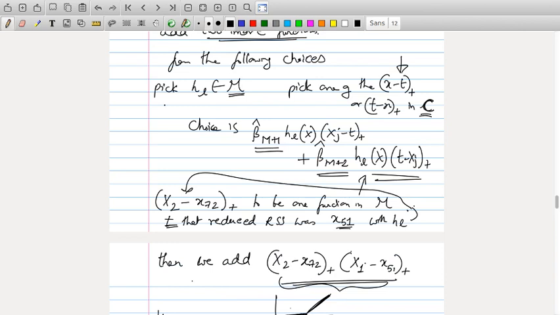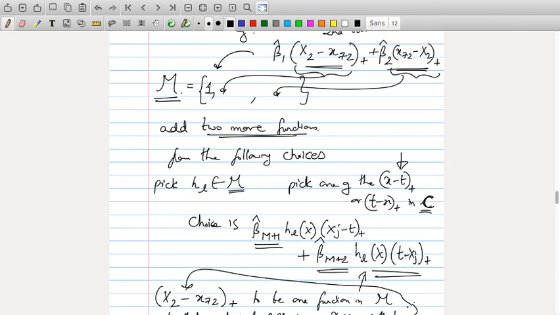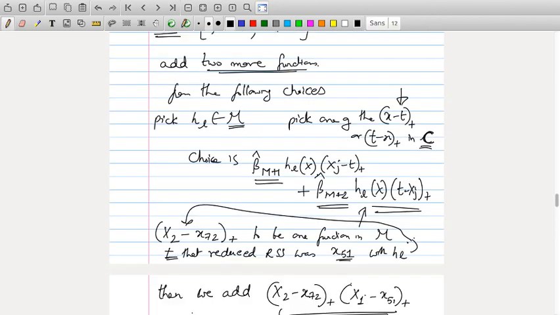Okay. And in the next step, you will consider this product and every function in C as one of your choices. So you'll have a 3 product next time potentially as a choice. I mean, that choice need not reduce your residual sum of squares. You may have a product where, for example, one of the HLs I said was just 1. So one of the choices, which is just a single term, may minimize your residual sum of squares.